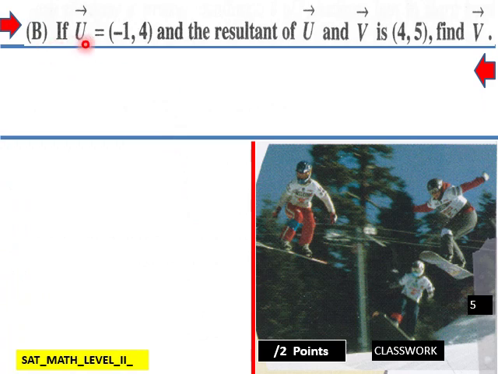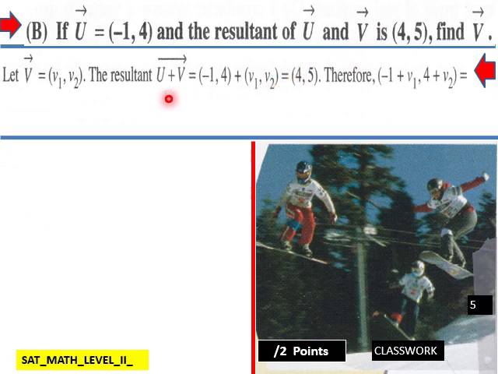Okay, B here. If vector u equals negative 1, 4, and the resultant of vector u and vector v is 4, 5, find vector v. To do that, let vector v equal v1, v2. The resultant is vector u plus v equals negative 1, 4 plus v1, v2, which is 4, 5.